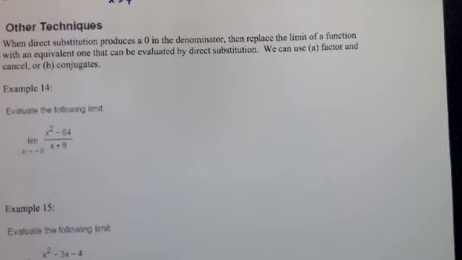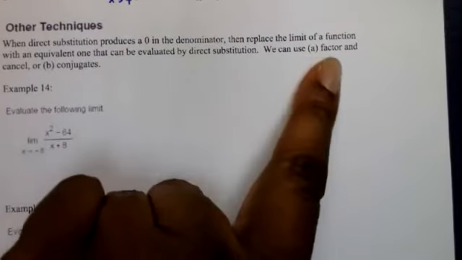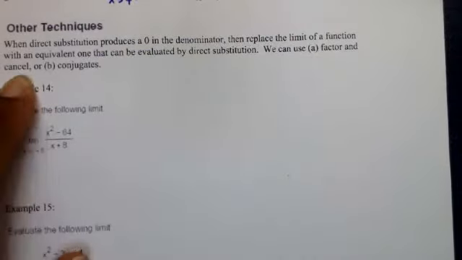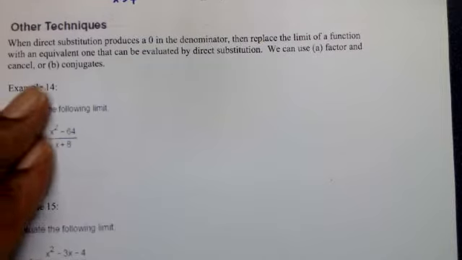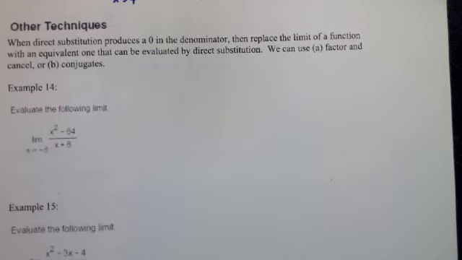We can factor and cancel, or divide out any common factors, or you can use what they call conjugates. We're going to look at one or two examples where conjugates are used.